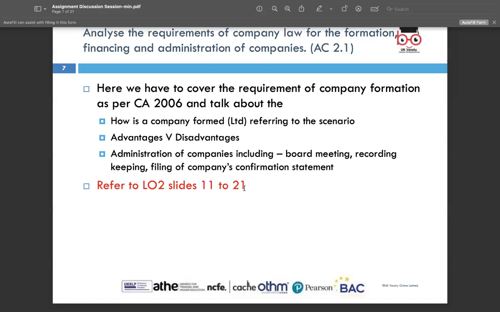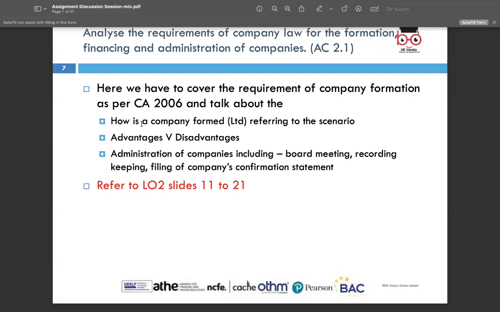You can visit slides 11 to 21, but you can also get some related books on your learning management system. And you can also get the Companies Act 2006 online. This is available on the net.